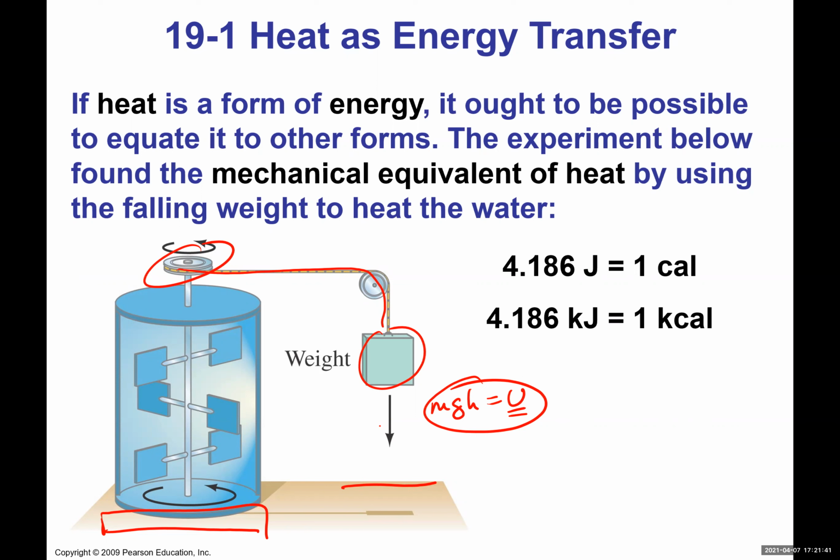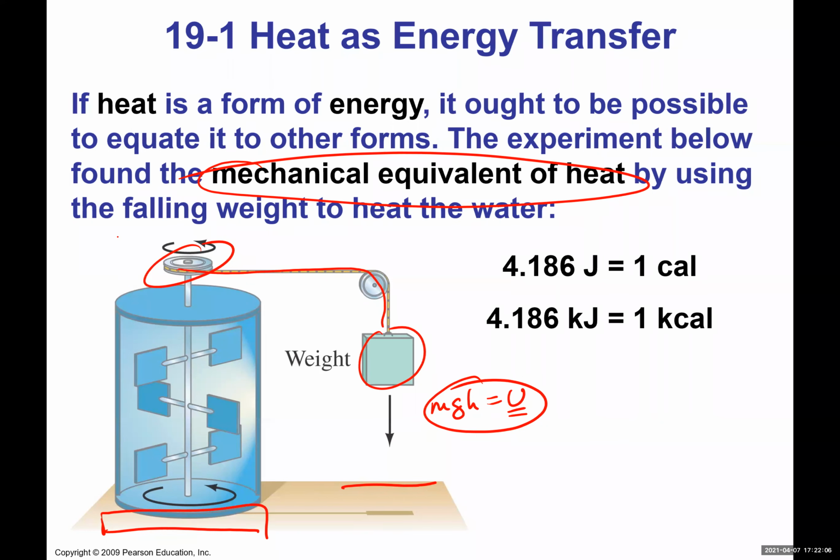So he was able to show that mechanical work is equivalent to heat energy. That means energy coming from mechanical means is exactly the same as from a different source, like putting it on a hot plate or something like that. So that's why what we have here is the mechanical equivalent of heat.